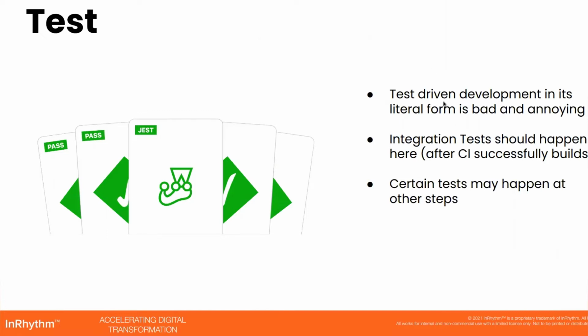And that is that test-driven development in its literal form, which is that you should write all of your tests to the spec before you're actually writing the code that you're going to be testing, I think that's bad and annoying. Specifically because we all know that when you decide you're going to write a function or build a component, it's not always the case that you know exactly how it's going to work in its final form.